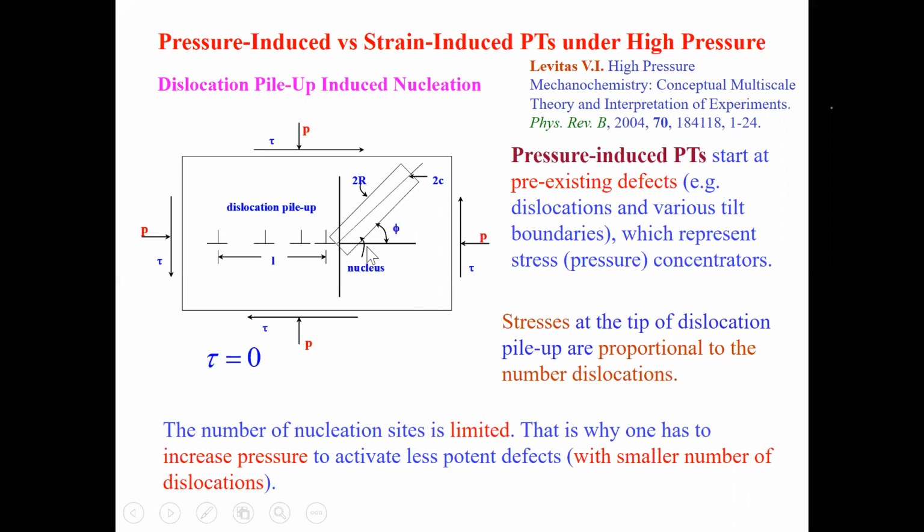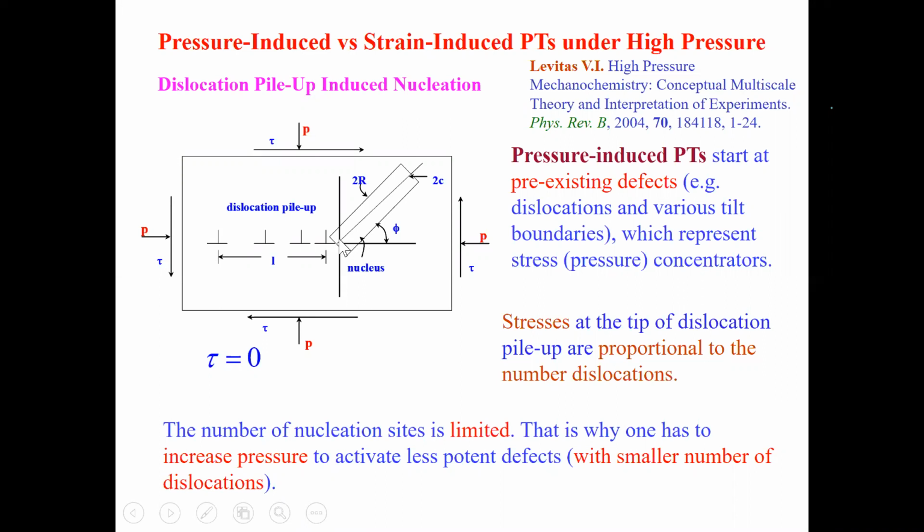And pressure-induced phase transformation starts and occurs at pre-existing defects. So for example, we apply 10 GPa, the phase transformation pressure for perfect material is 15 GPa, and let a dislocation pileup consisting of 5 dislocations produce 5 GPa.